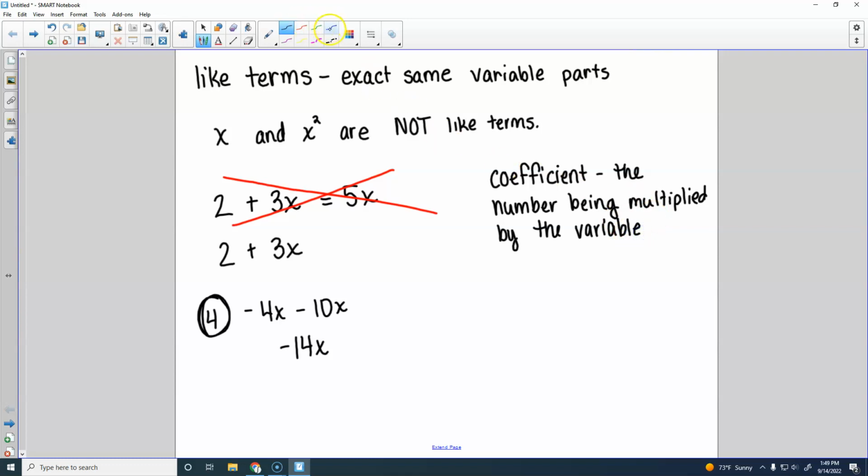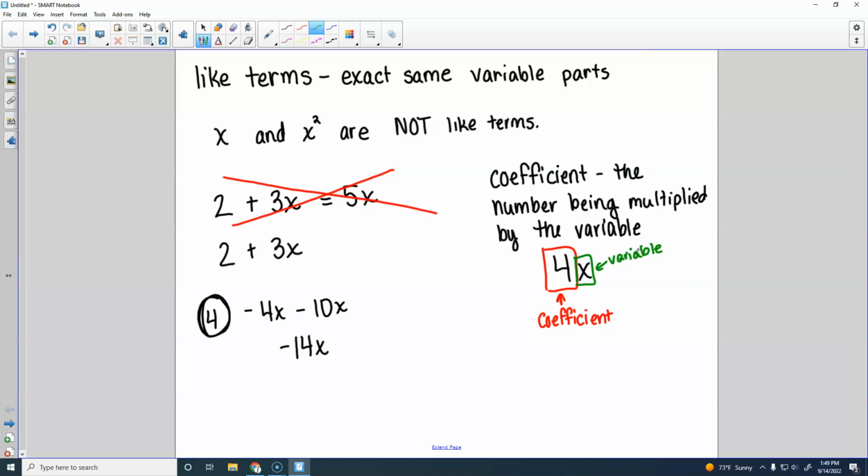So if I had something like 4x, this 4 right here, that would be my coefficient. And then, of course, the x, we would call that our variable. So it's the number in front of your x is what you're going to see.